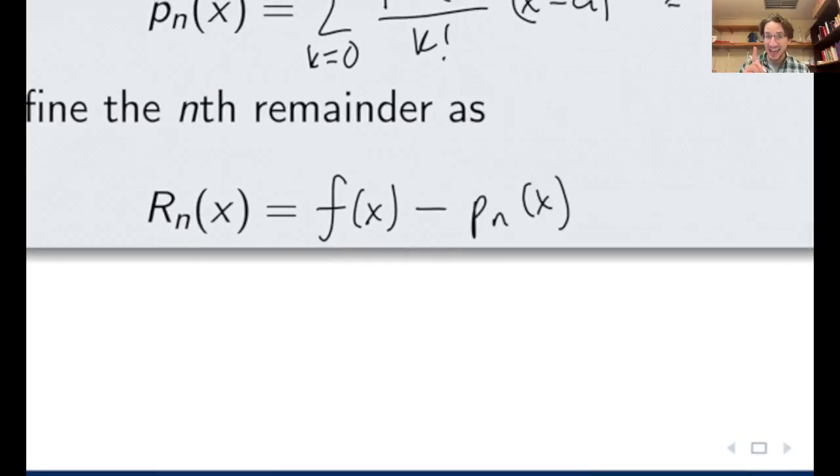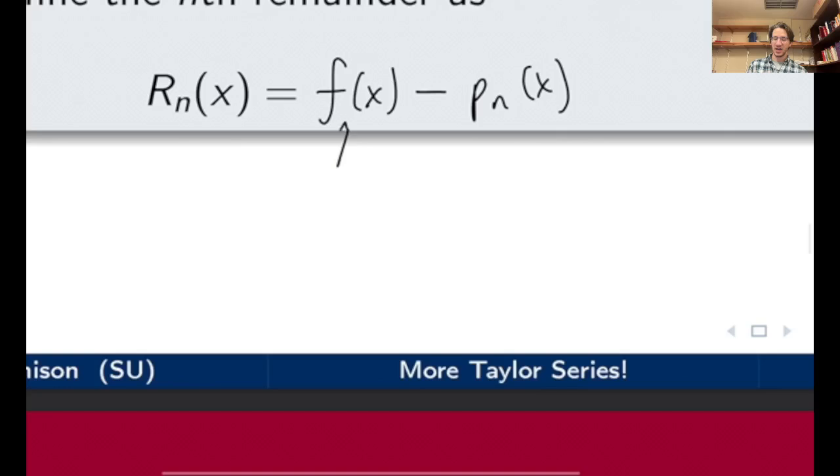Now, this is technically different than how we define remainders for just series, because here, where we have f of x, normally we would have the full series, right? And so the remainder, we're interested in how do the partial sums compare to the original function f, and not necessarily the Taylor series, which again, I'm being pedantic here, could be different things.